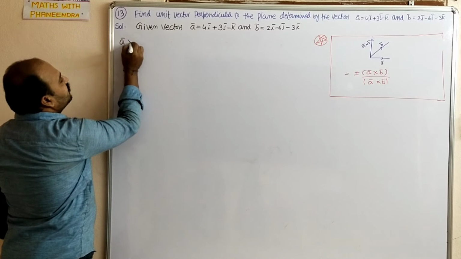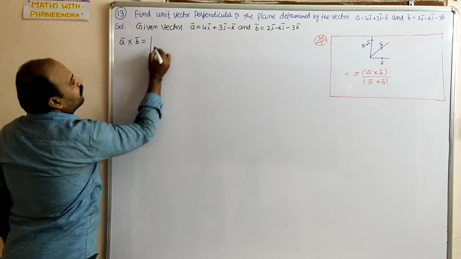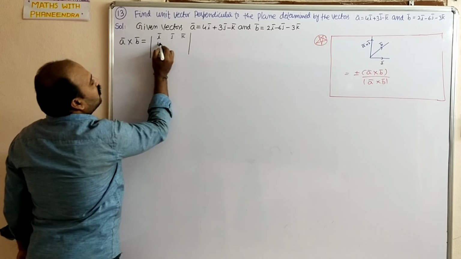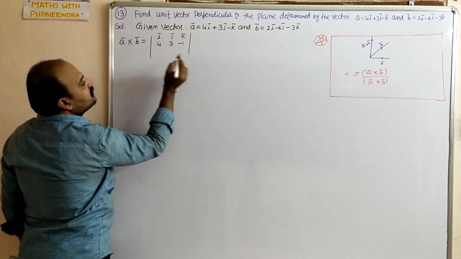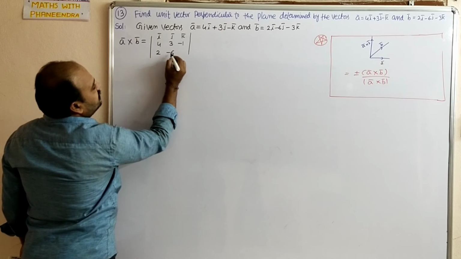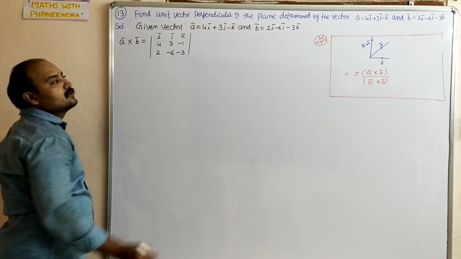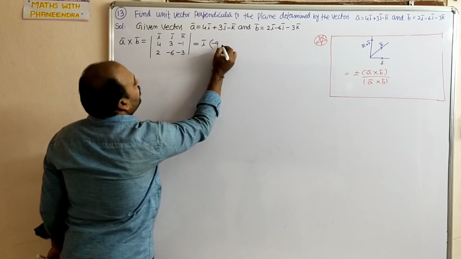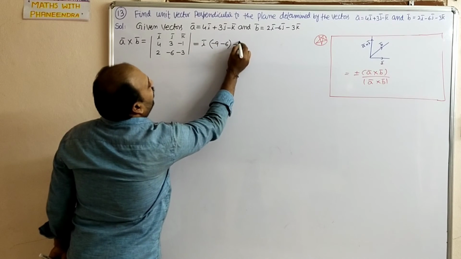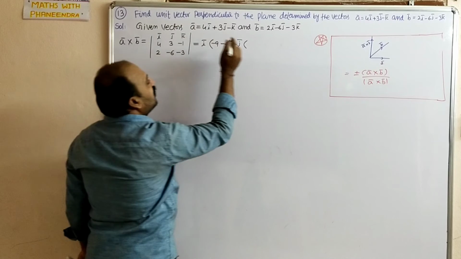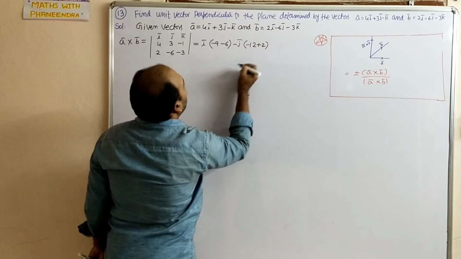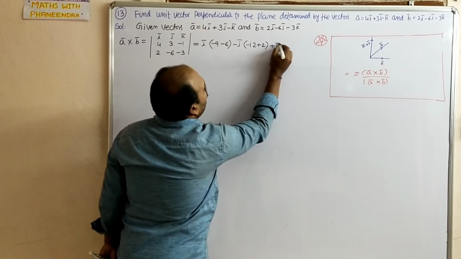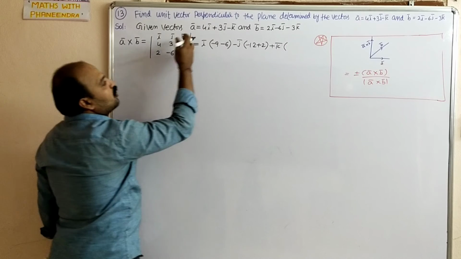So A bar cross B bar equal to i j k, 4 3 minus 1, 2 minus 6 minus 3. So now expanding this, i into minus 9 minus 6, minus j bar into minus 12 plus 2, plus k bar into minus 24 minus 6.